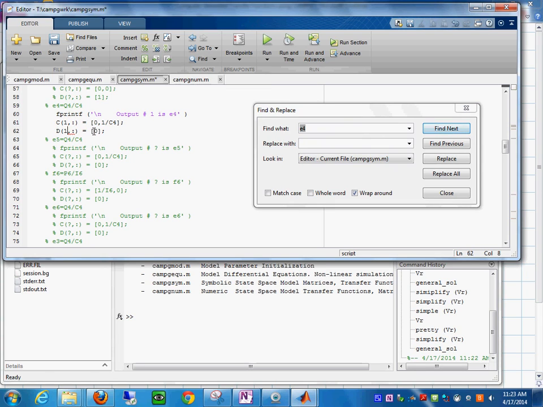But since it doesn't know which ones are the outputs, it puts them into comments. So I find E sub 4 and uncomment it, define it as the first output, and then put one here to define the first row of the C and the D matrix.